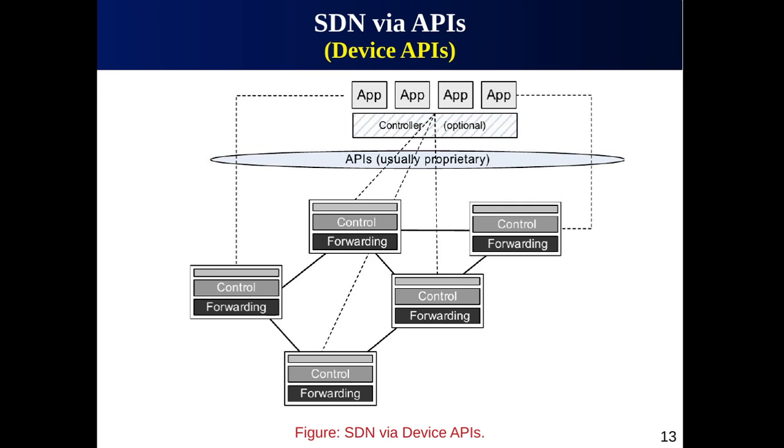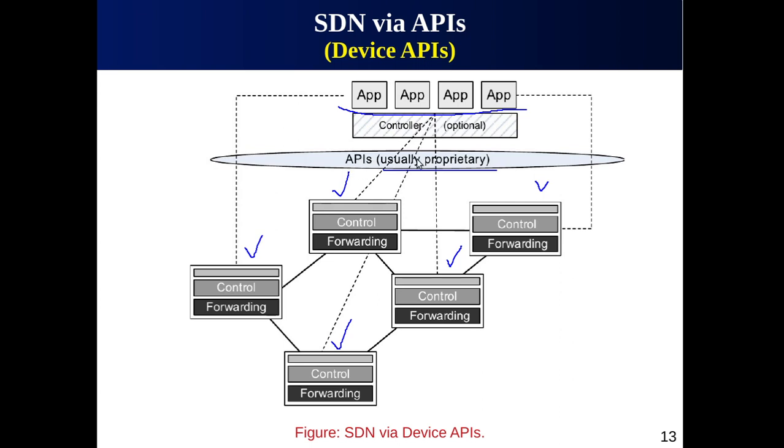What you can see in the figure is a set of centralized applications, and these applications are communicating with these devices. This communication is through this API, which is the device API, and as I just mentioned, it is going to be proprietary. So the vendor will actually provide an enhanced level of API on their devices.